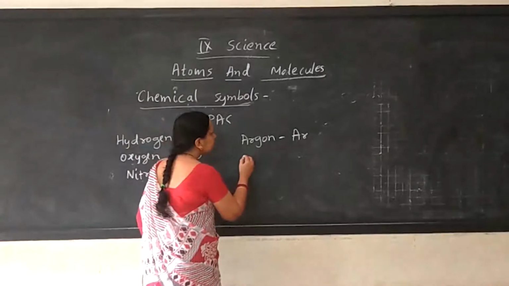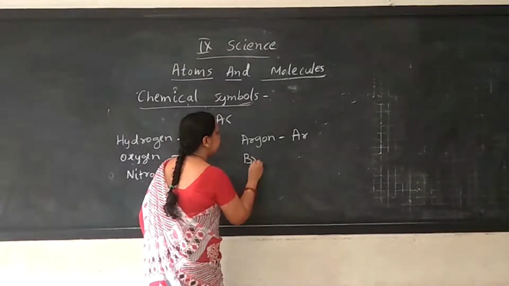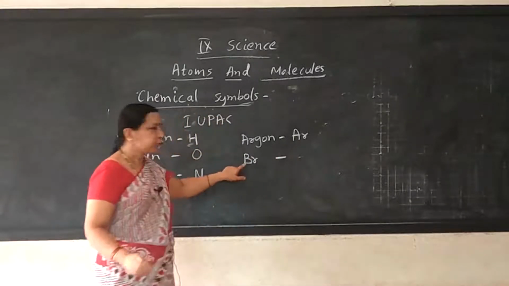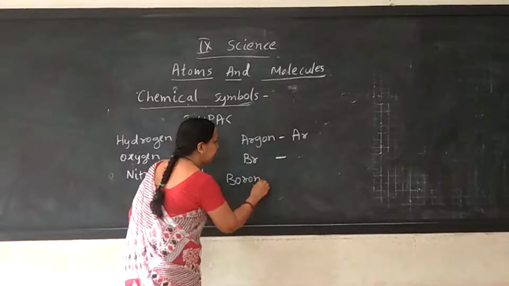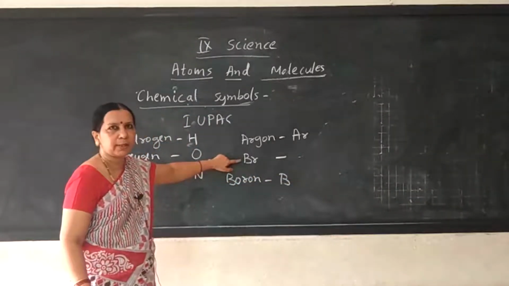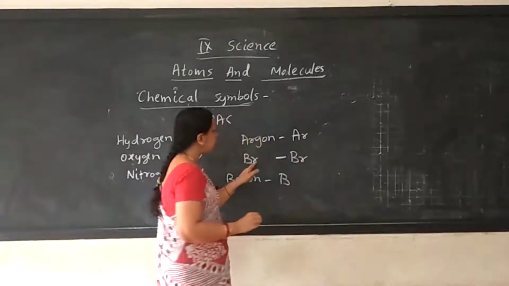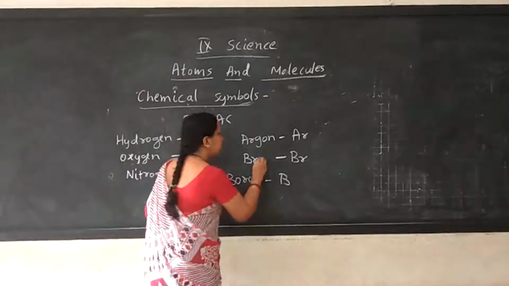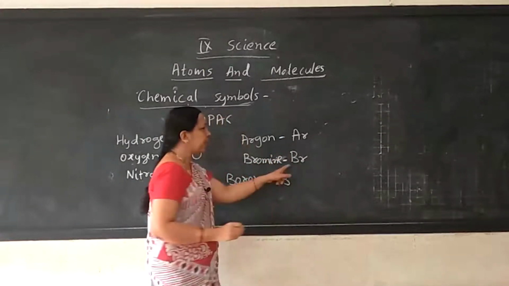And another element, if you consider bromine. If you write B, boron has B. Symbol of boron is B. So you can't write B for bromine. We consider Br. First two letters we consider. Bromine, Br.